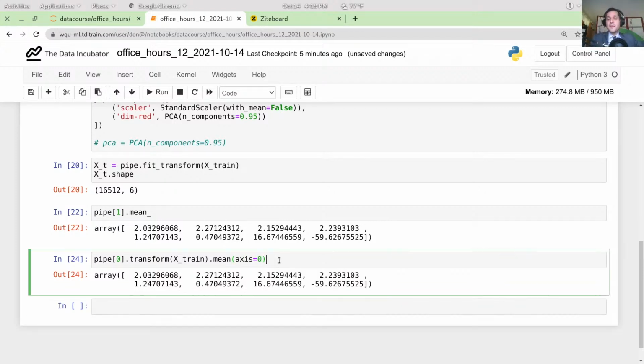And we get the same numbers. So what I'm trying to show you here is that if we give it a data set that has not been centered, the PCA algorithm in scikit-learn will center the data. It centers data, then applies SVD to come up with the new components.